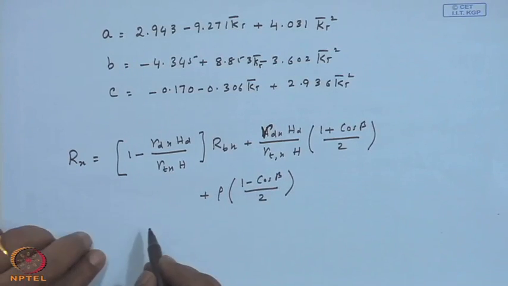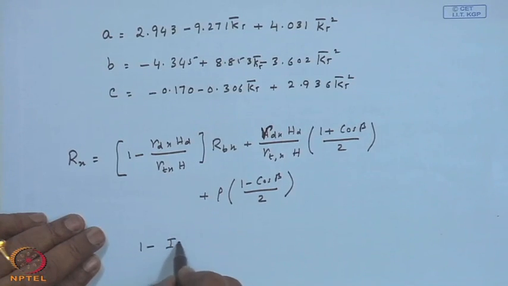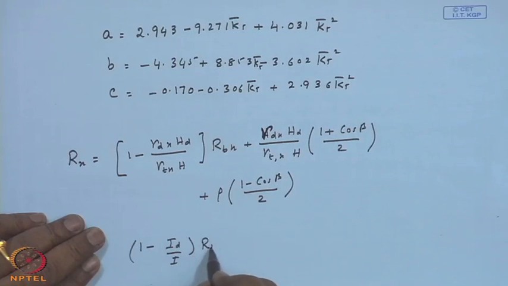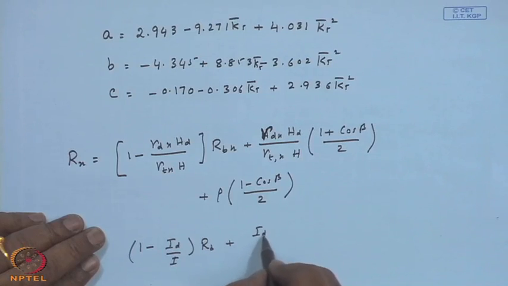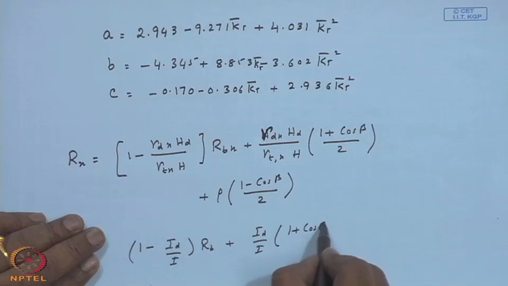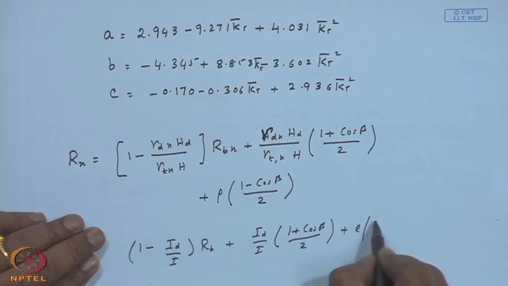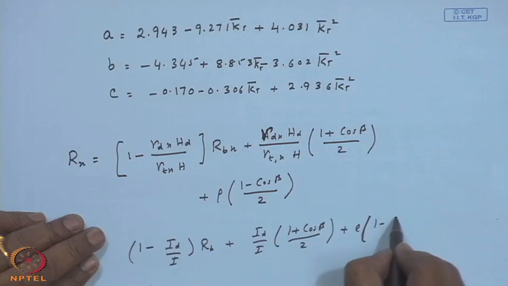You remember in our long form, in terms of the data values, it is 1 minus I d by I times R b in general plus I d by I times 1 plus cos beta by 2 plus rho times 1 minus cos beta by 2. Okay.